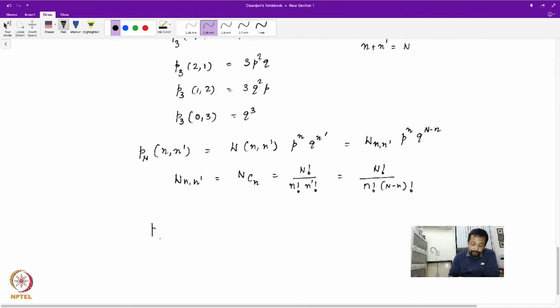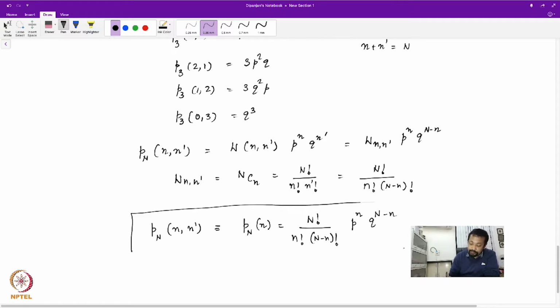And therefore P_N(n, n prime) is equivalent to N factorial over n factorial (N minus n) factorial, p to the power n q to the power N minus n.